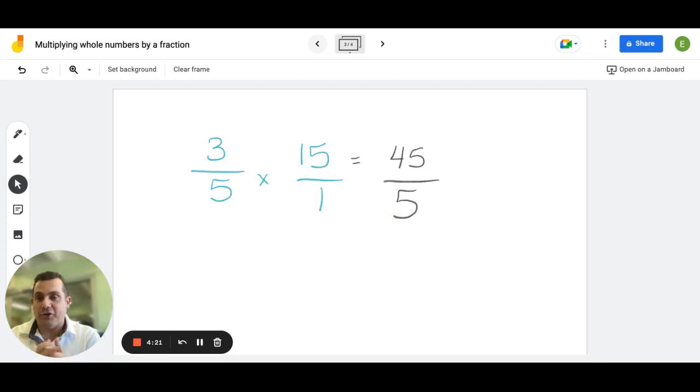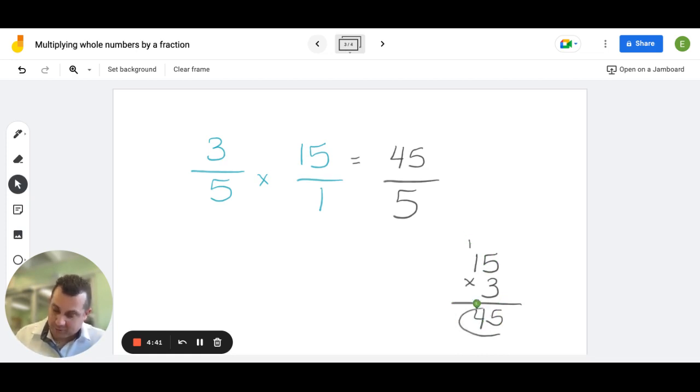You have to know your multiplication tables. You have to know what 3 times 15 is. If you don't know what 3 times 15 is, then on the side, you have to write, do 15 times 3. 3 times 5, 15. Carry the 1. 3 times 1, 3. Add 1 is 45. If you don't know it by heart or memorized it yet, you have to show the work.